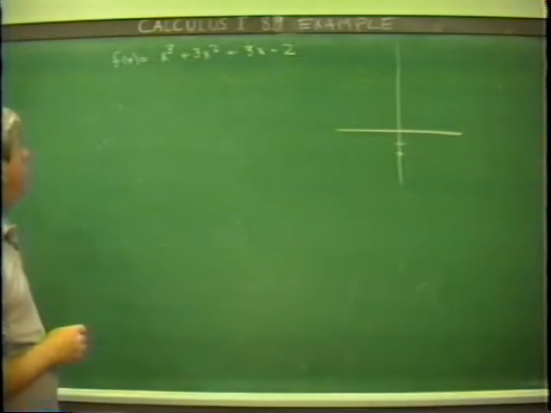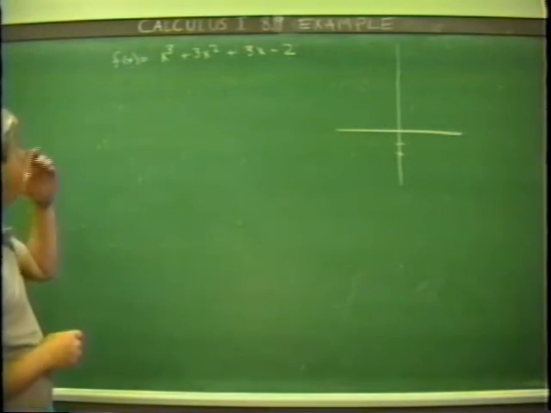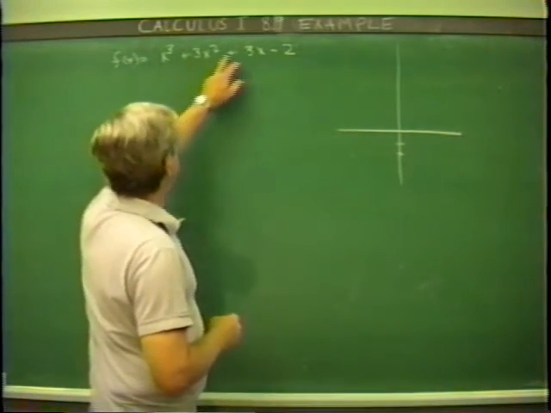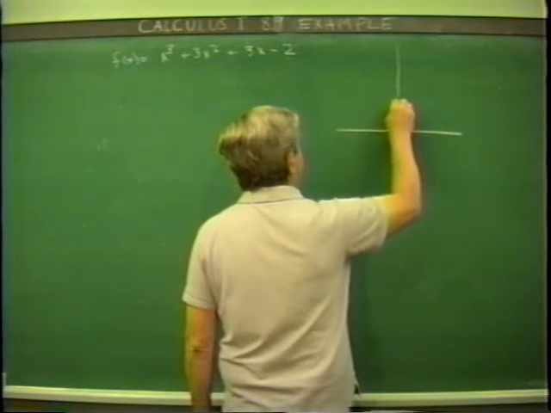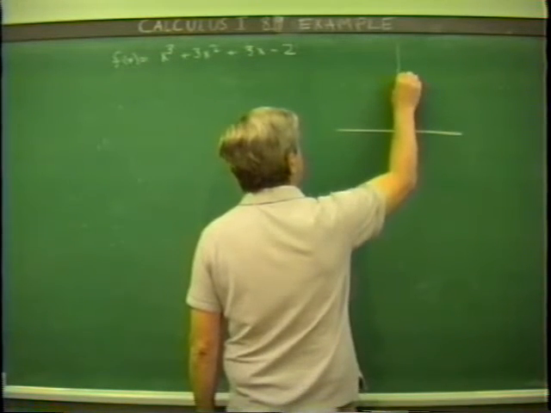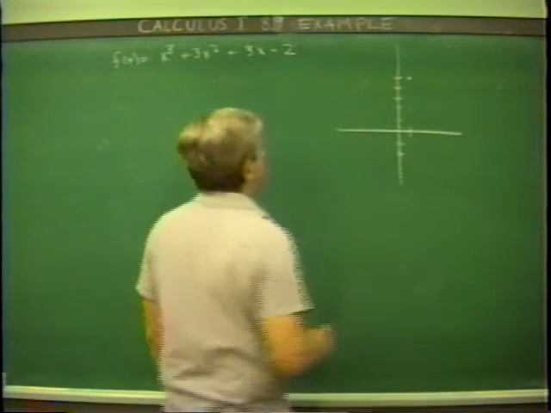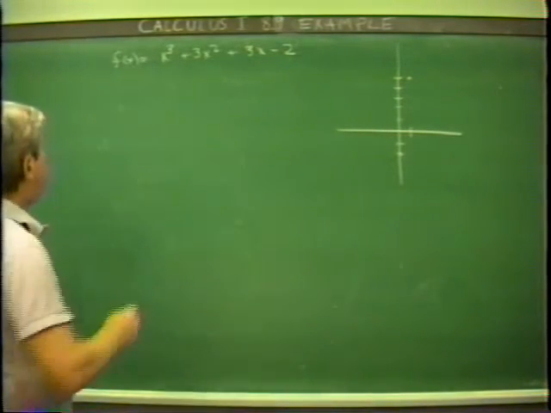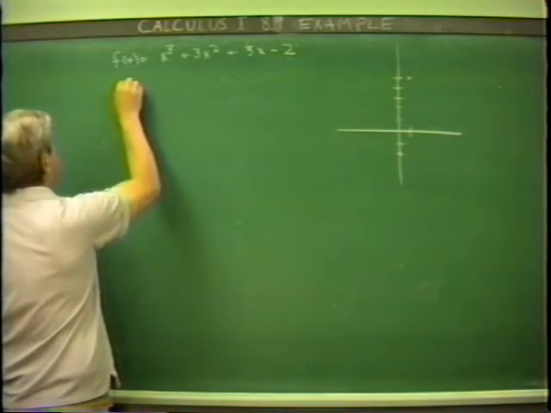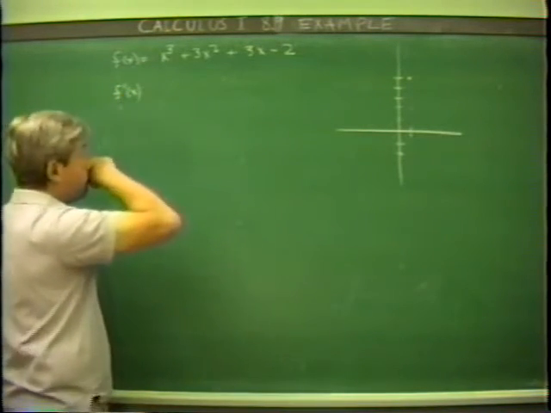The value of the function at 0 is minus 2. The value of the function at 1, for example, is 7 minus 2 is 5. The value of the function at 1 is 5. Right. That's not telling us very much at this point.